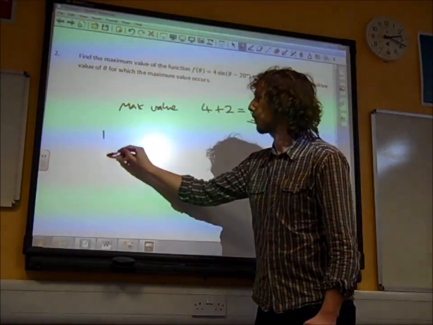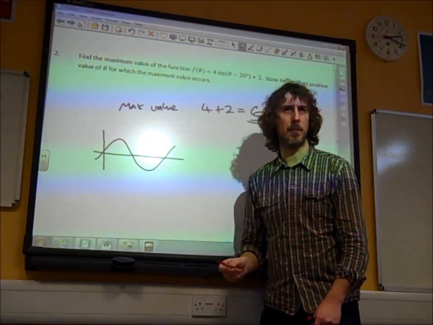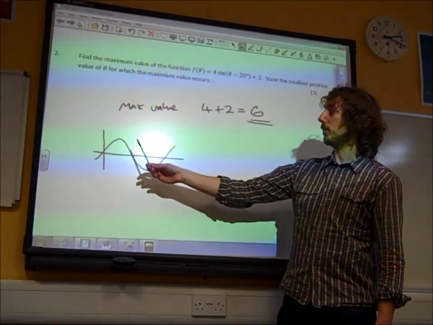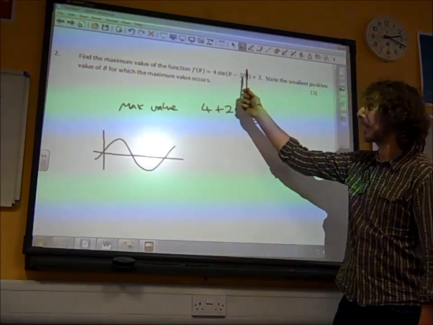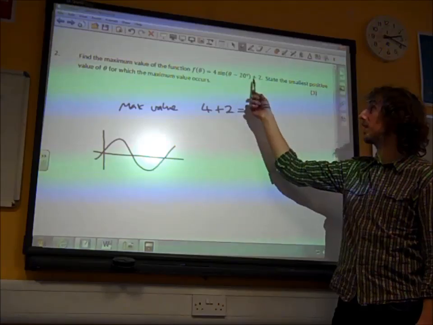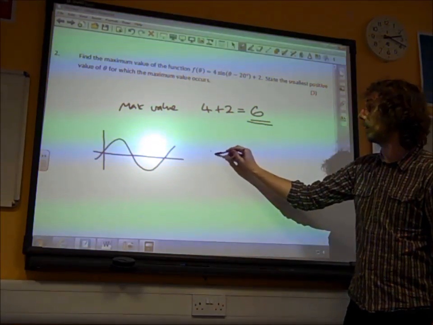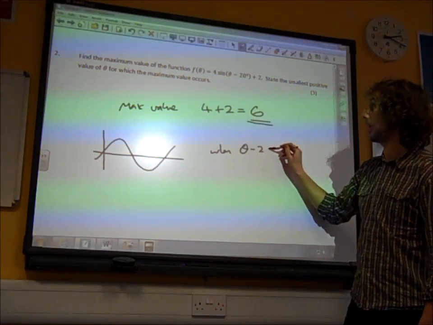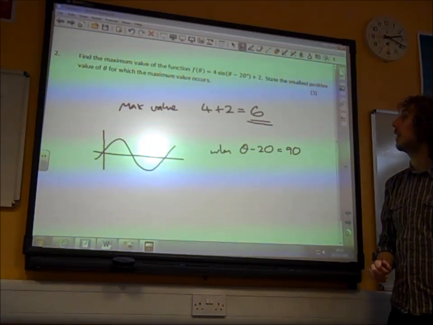When does it occur? Well, the sine graph has its maximum value at 90 degrees. So this has its maximum value when we're doing the sine of 90 in there. In other words, when theta minus 20 is equal to 90.